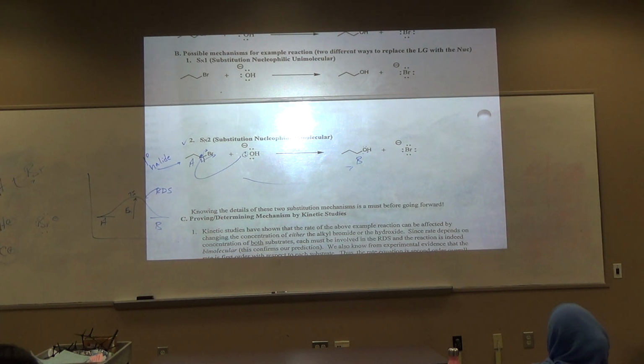Because if it's SN1, will changing the concentration of the hydroxide change the rate? No. It will not. Why would it? Because up there, hydroxide is not involved in the rate determining step. Why would you expect that if the concentration of the hydroxide changed, you would change the rate? It's not involved.